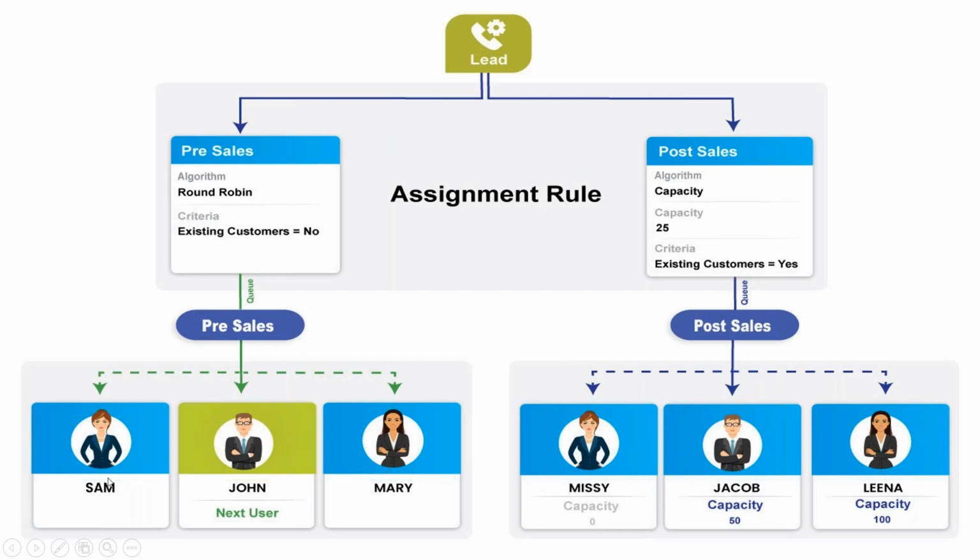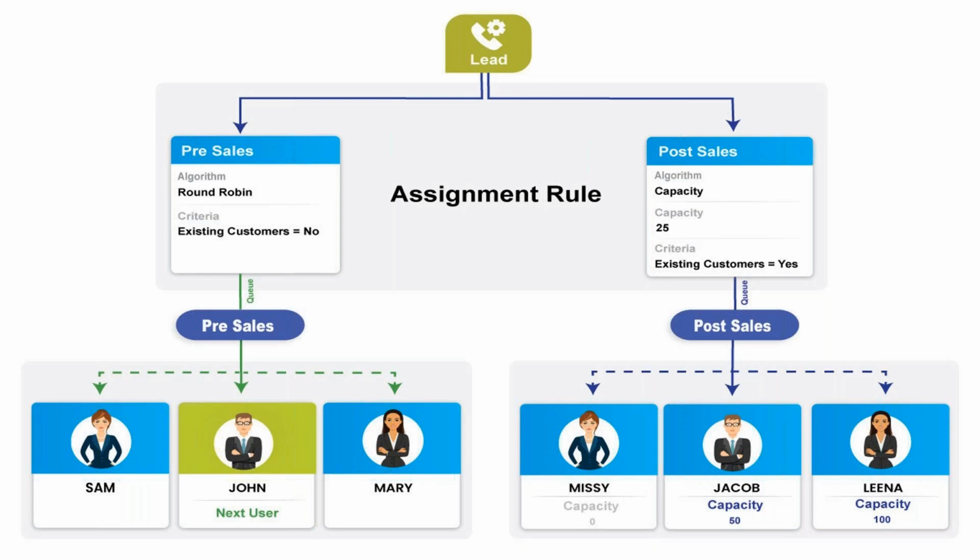So the first lead that is being created will be assigned to Sam, the second lead will be assigned to John, and the third lead will be assigned to Mary. The fourth lead will be again assigned to Sam, the fifth one to John, and so on. Quite simple, isn't it?